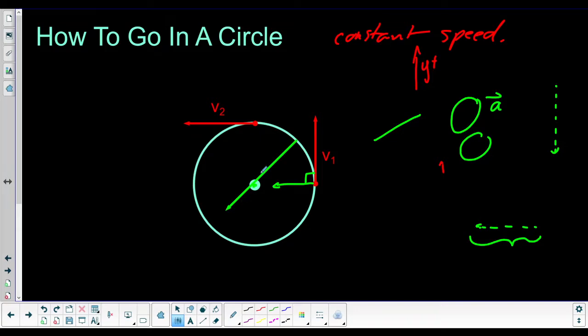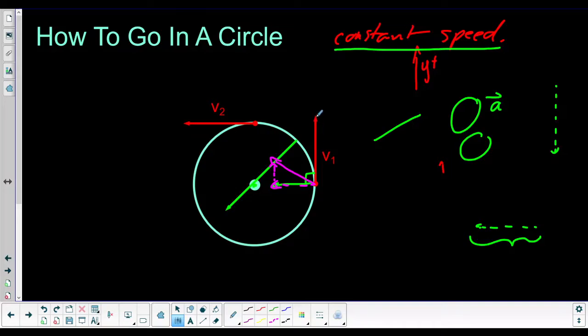Let's talk about why. Because we're going at a constant speed, let's say my acceleration weren't totally towards the center. Let's say it were more like this. This acceleration has the towards the middle we need, but it also has a little bit of up that we don't need.